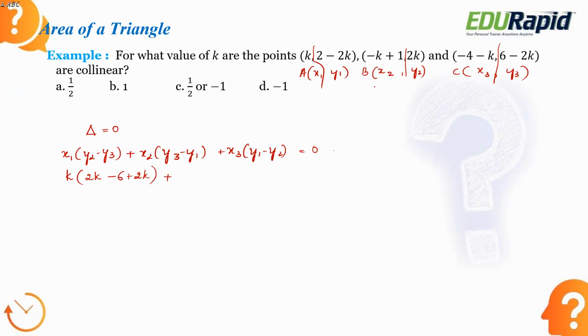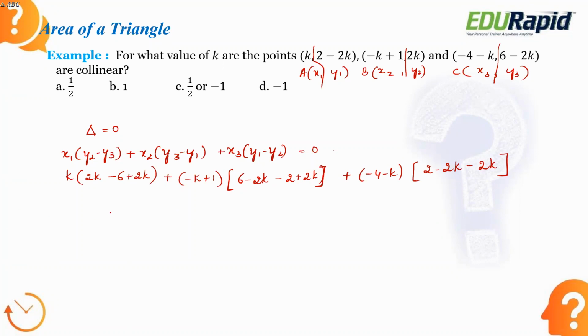So x2 would be minus k plus 1 into y3. y3 is 6 minus 2k, y1 minus 2 plus 2k. Plus x3 is again minus 4 minus k, and then we have y1. y1 would be 2 minus 2k minus y2, which is 2k.